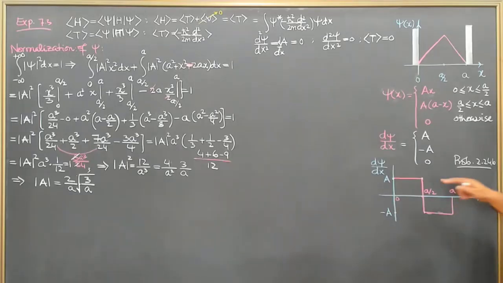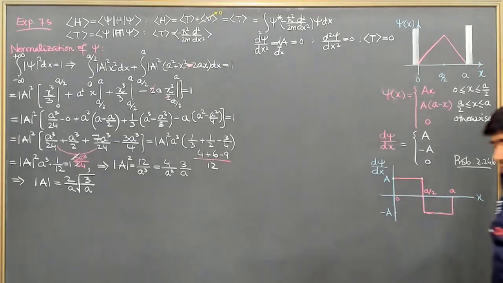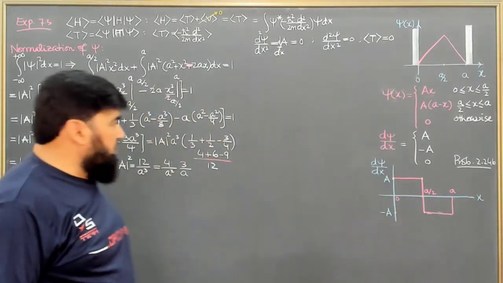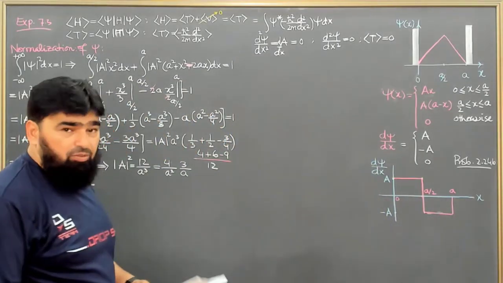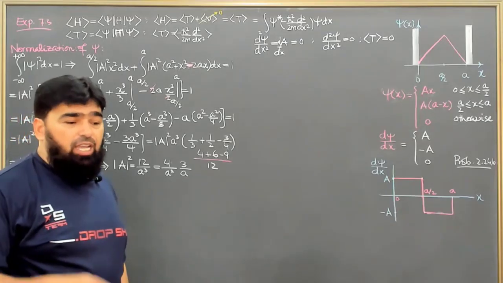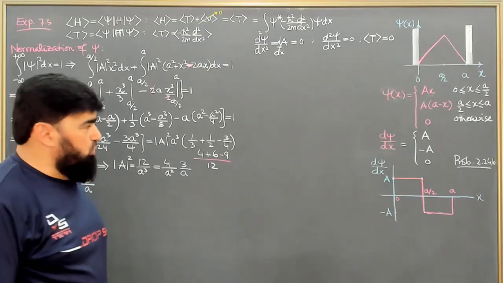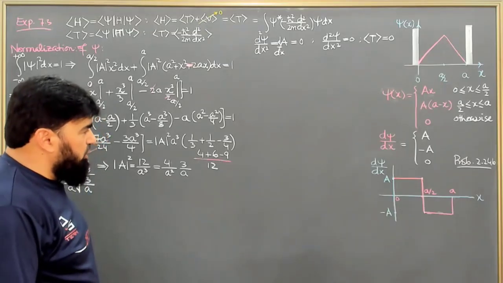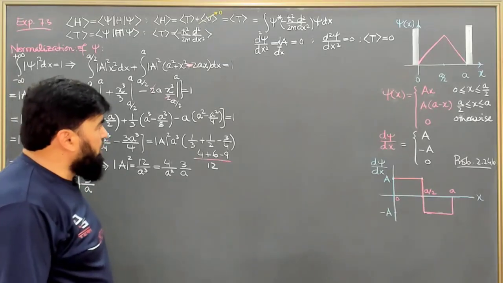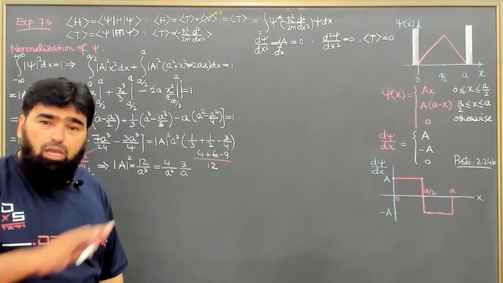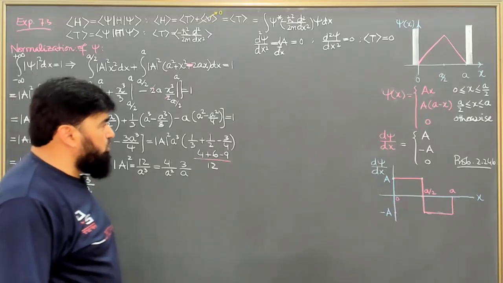So we are having a step function here, and that's the reason the first derivative comes out to be a step function, and if I take another derivative of a step function, then it will give me 0 here, and that's the reason that we are unable to calculate the expectation value of T or the upper bound of energy to this system.